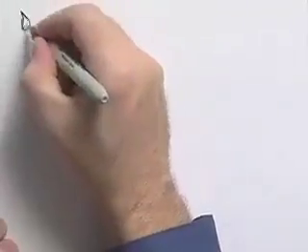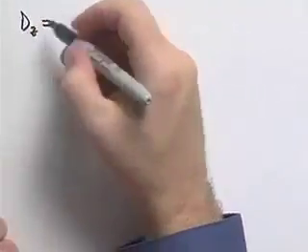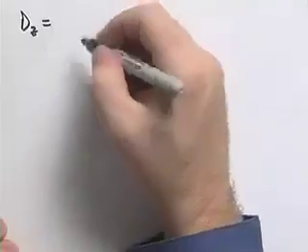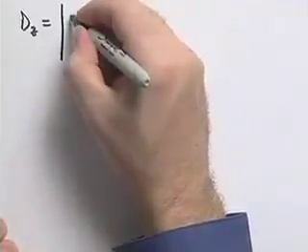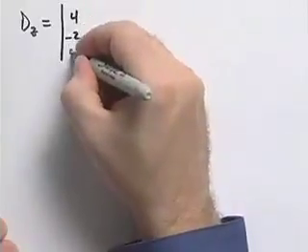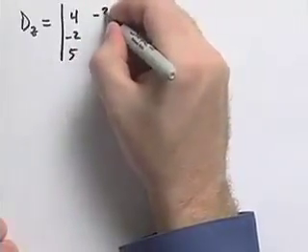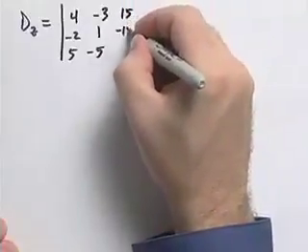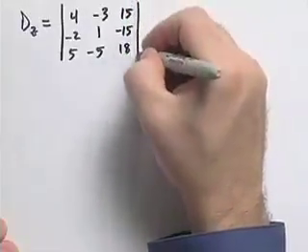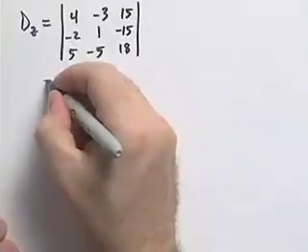Now we're going to find our last determinant, Dz. To find Dz, we're going to proceed, as we've done in the past, by replacing the coefficients for z by the coefficients on the right-hand side. So we get the determinant for 4, negative 3, 15, negative 2, 1, negative 15, 5, negative 5, and 18. We'll just expand across the first row again.